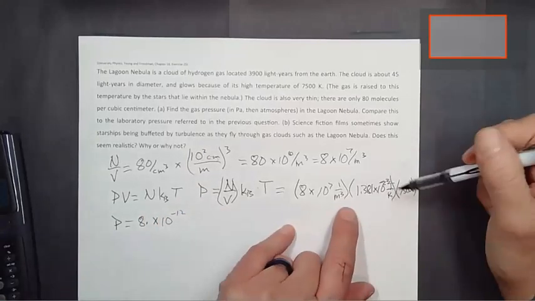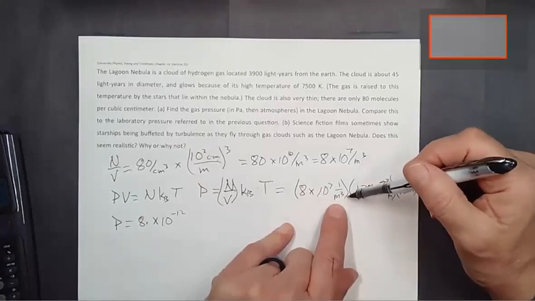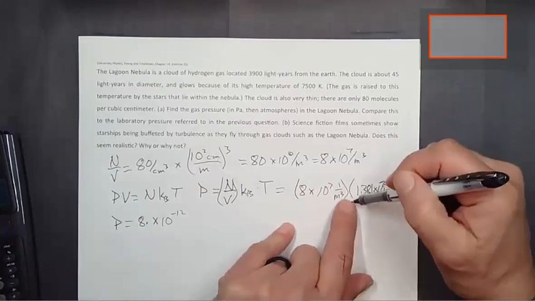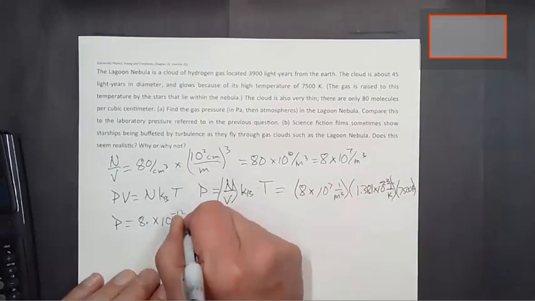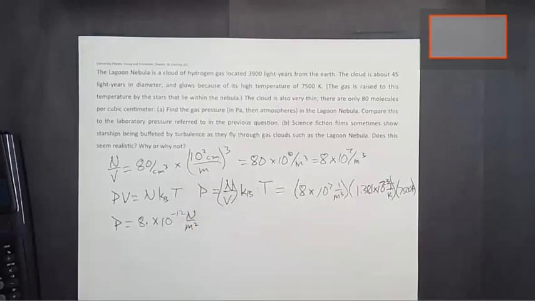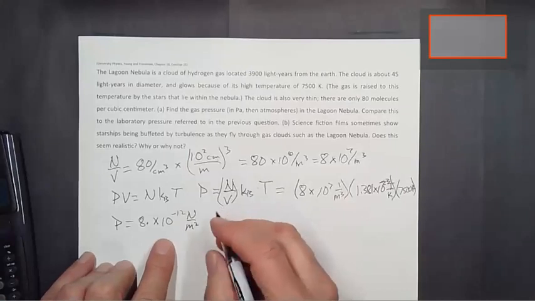Let's see, unit wise, the Kelvins go away. This would be joules per meter cubed, but a joule is a Newton meter. So that'll divide with one of those meters, and I'll get newtons per meter squared, which is a Pascal. But it also asks for it in atmospheres.